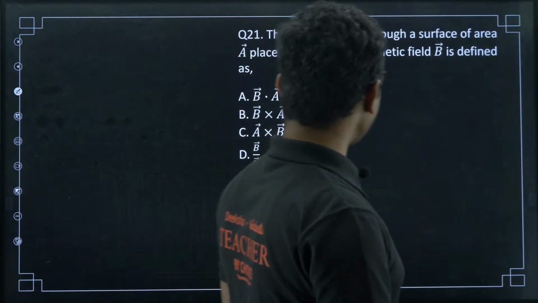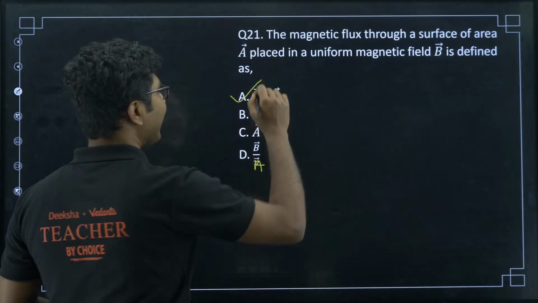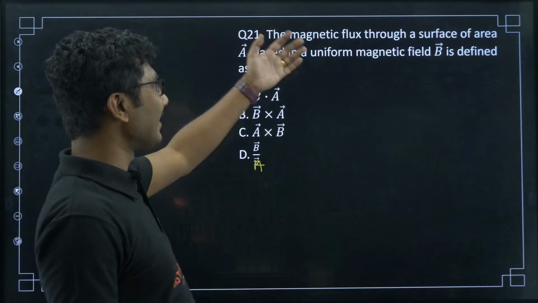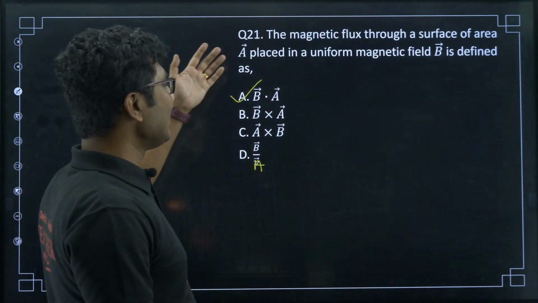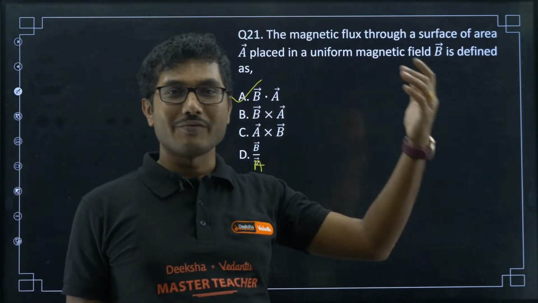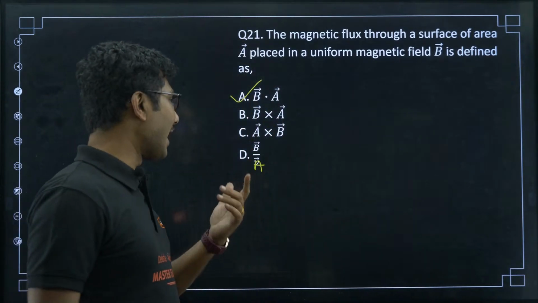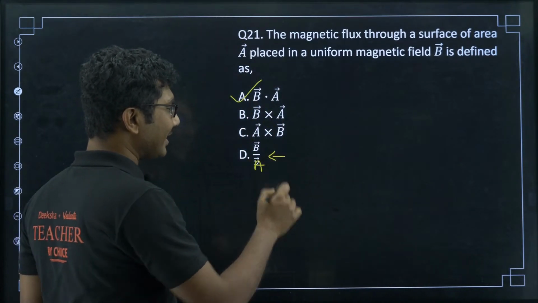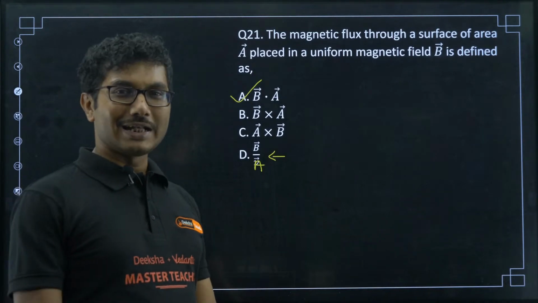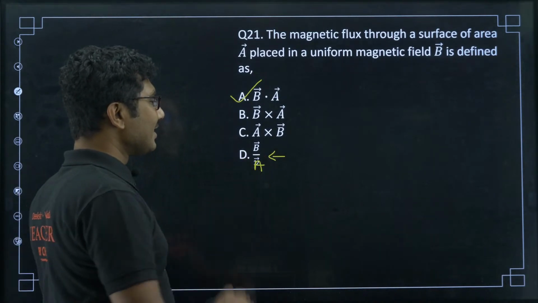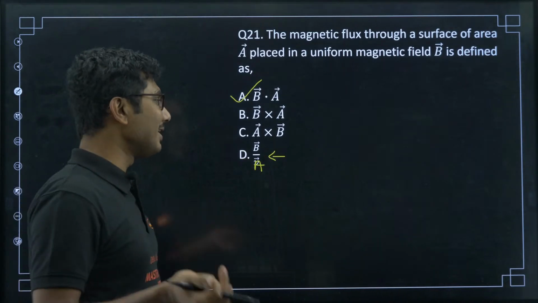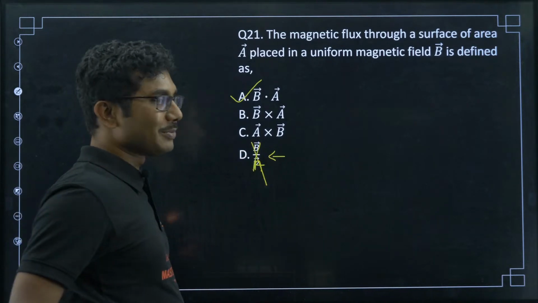Pradeep says 21A. Yes, 21A, easy question. Magnetic flux is a scalar quantity, so obviously it will be B dot A, not B cross A or A cross B. The division is not even a quantity. Vector division is not defined. As soon as you see division between vectors, it is not possible at all.